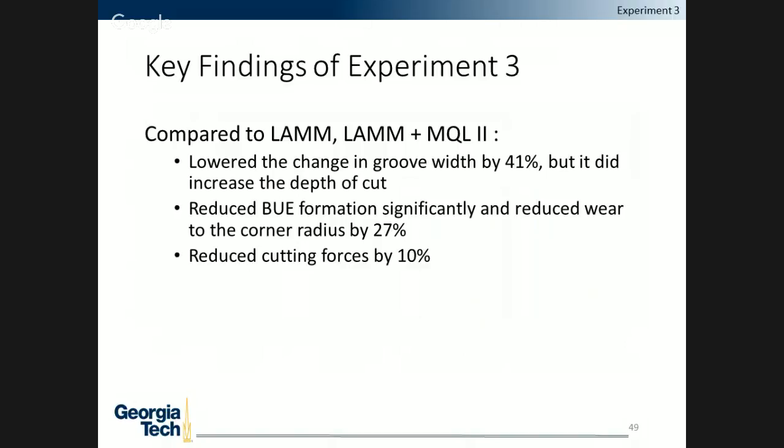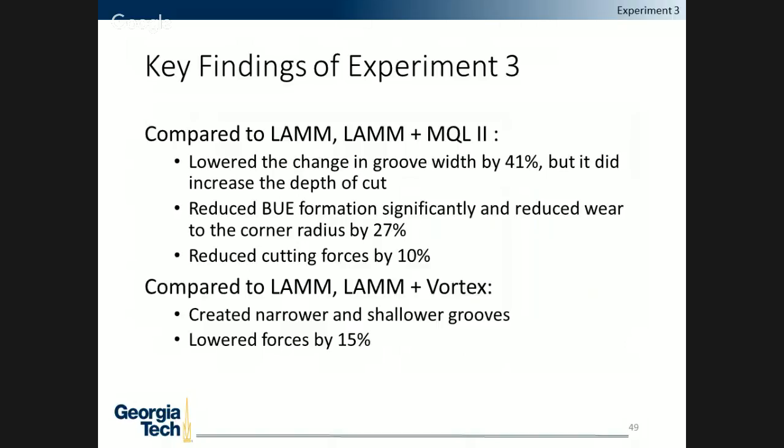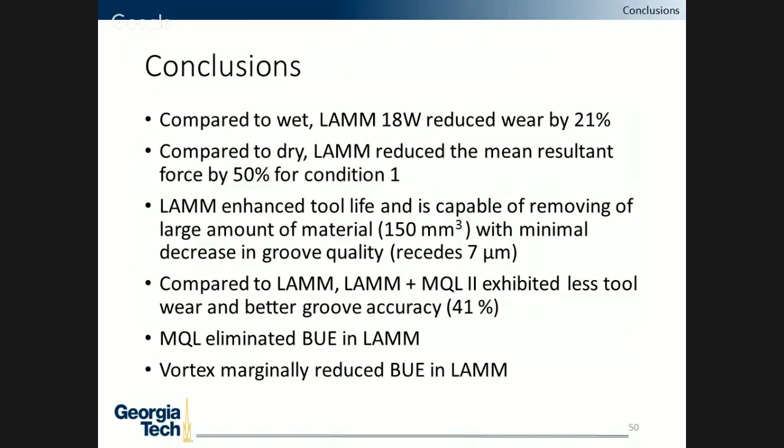As seen, cutting forces were greatly reduced when including MQL with LAMB. Compared to LAMB, LAMB plus Vortex did create narrower and shallower grooves and lowered the cutting forces by 50%.